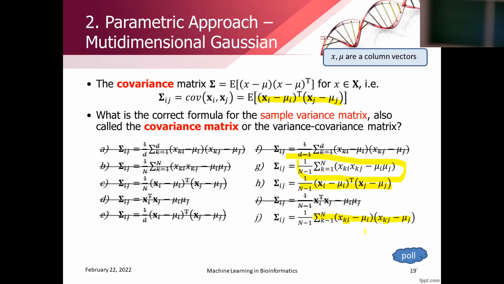So this can be written as n times mu i times mu j. Similarly, this term can be written as n times mu i mu j. And what is this? This is n times mu i mu j.